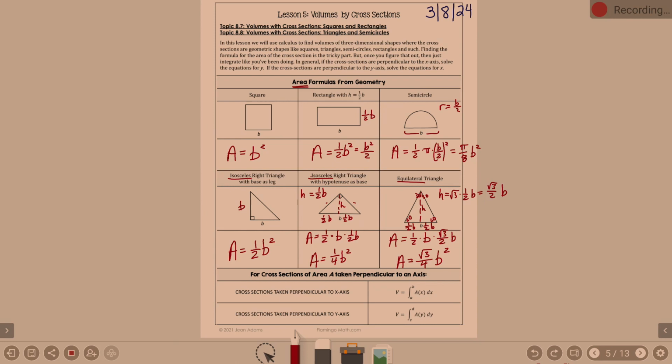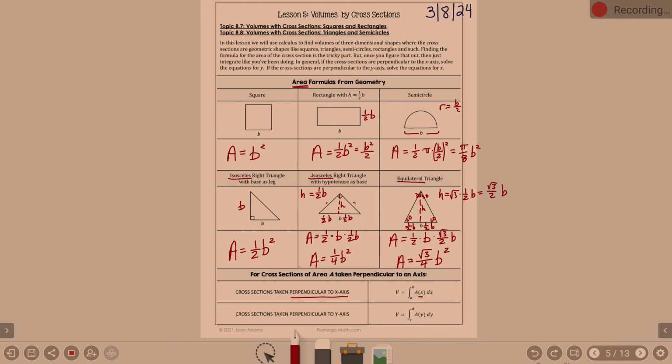The idea here, and this is what it was referring to up above, is cross sections taken perpendicular to the x-axis. That's kind of like when we were doing upper minus lower, when we were trying to find area between two curves. The distance between them was perpendicular to the x-axis, and when it's perpendicular to the x-axis, you're going to work in terms of x.